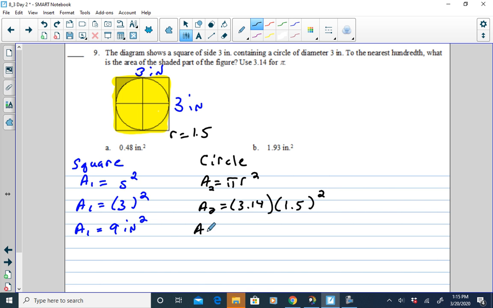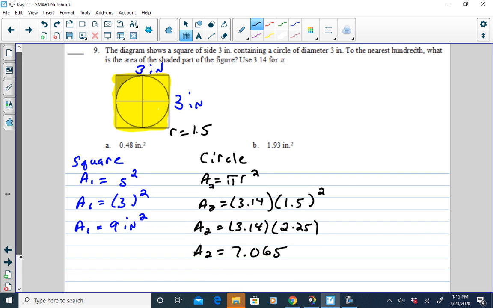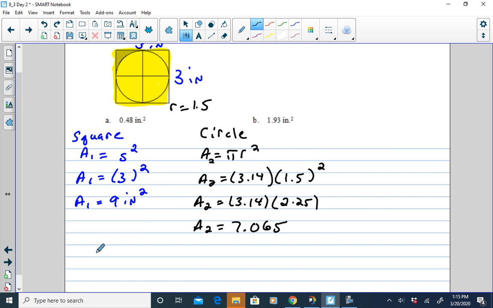So area 2 is going to be equal to 3.14 times 2.25, because that's 1.5 times 1.5. And then you multiply those two and wind up with area 2. It's going to be equal to 7.065.